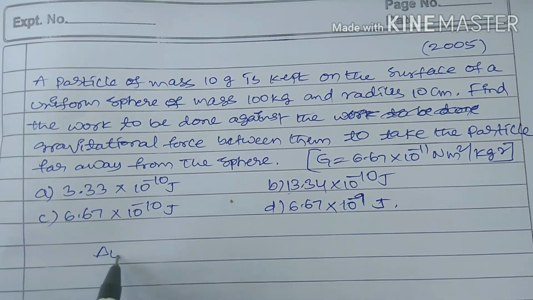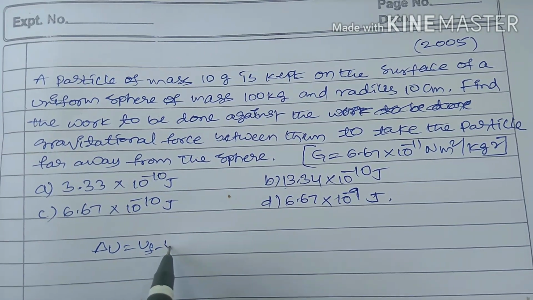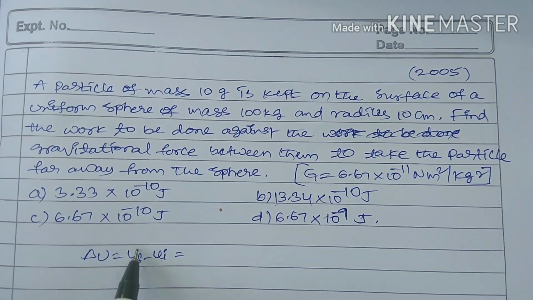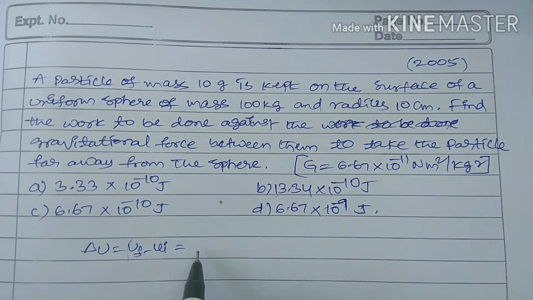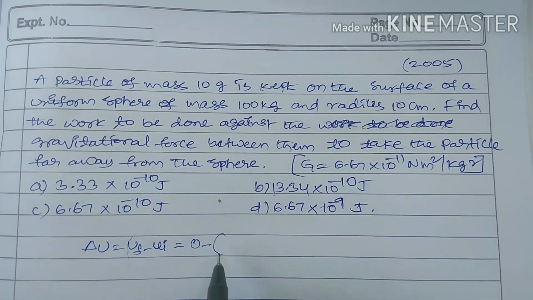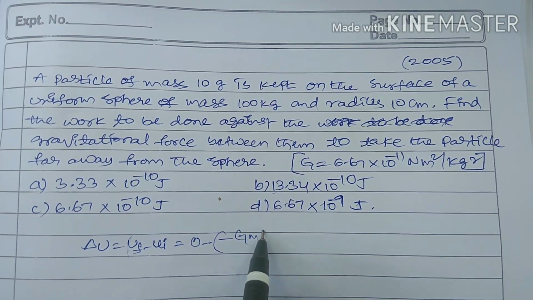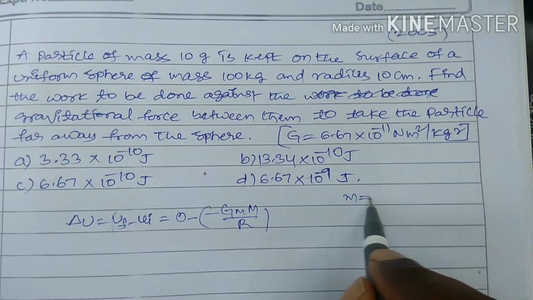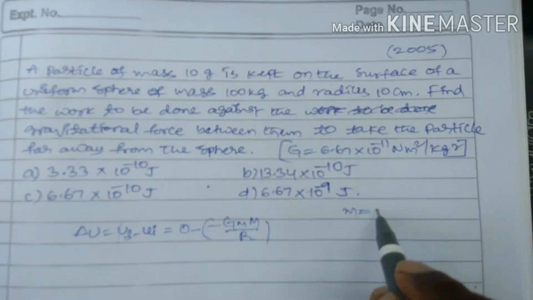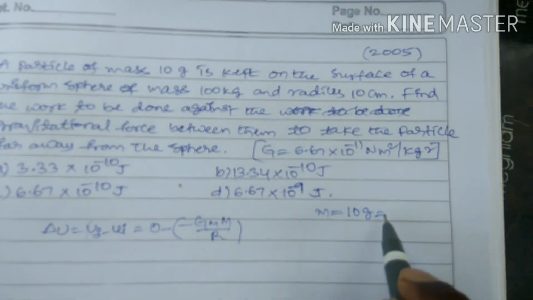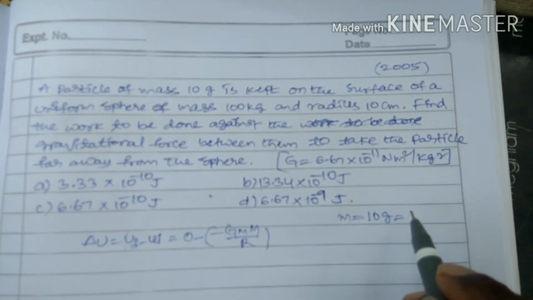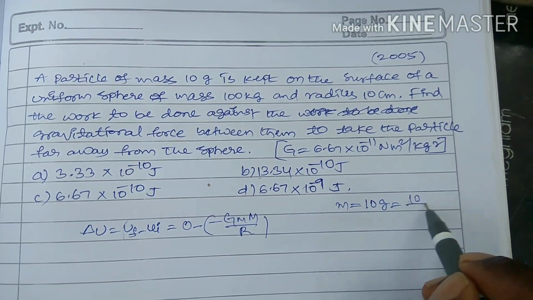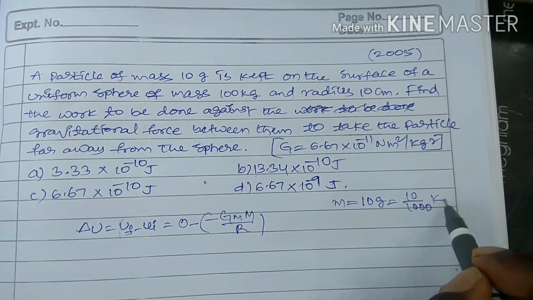So the potential energy formula, we have to find delta U is equal to Uf minus Ui. Here, the final potential energy is 0 minus the initial potential energy, GMm by R. Small m is 10 grams, which will be converted into kilograms, that is 10 by 1000 kg.